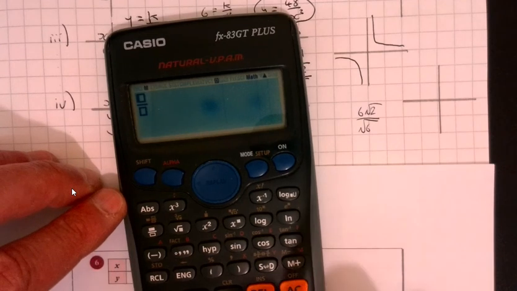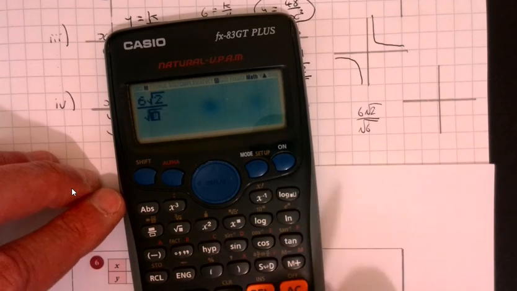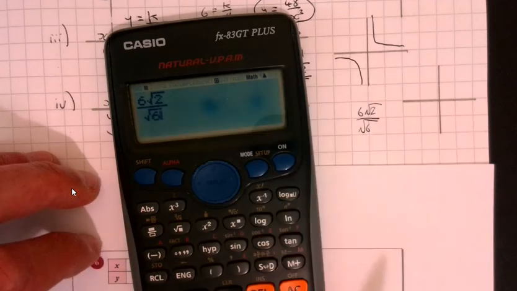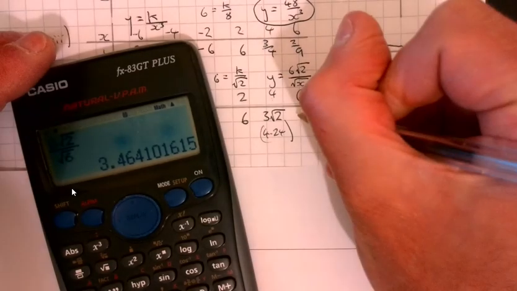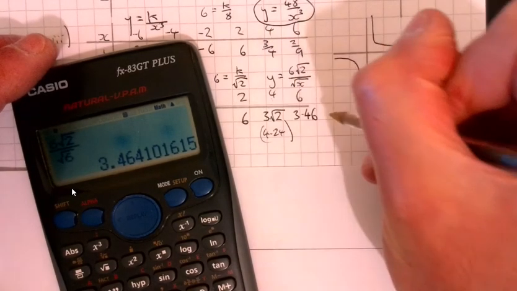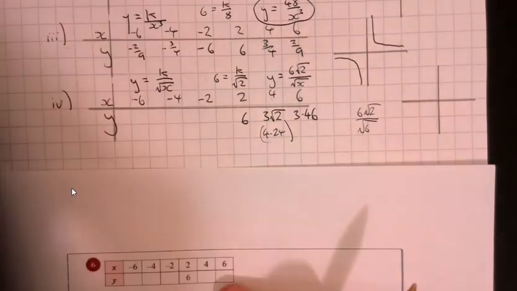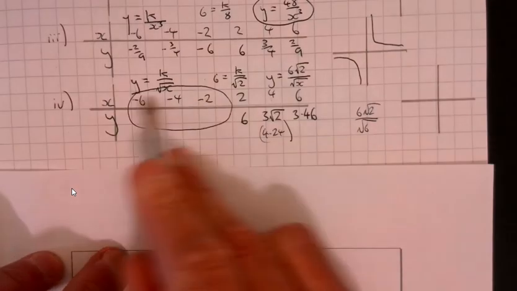Okay, be better. 6 root 2 down onto the bottom, root 6. It's much easier to enter like that. Equals 2 root 3, which, if you want to put that as a normal number, just to round the decimal off, 3.46.